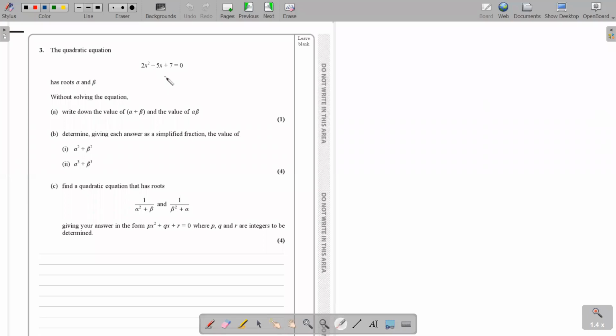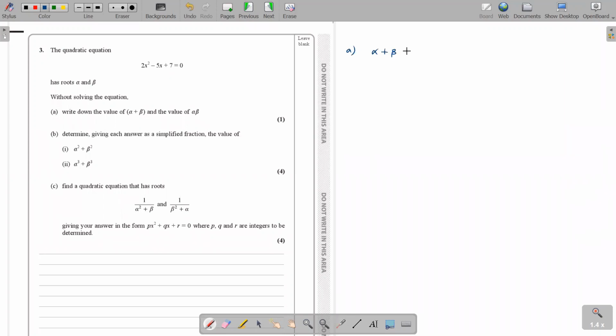The quadratic equation 2x square minus 5x plus 7 equals 0 has roots alpha and beta. Without solving the equation, write down the value of alpha plus beta and the value of alpha beta. So let's get it done. Okay, so alpha plus beta value. How do we write the alpha plus beta value?